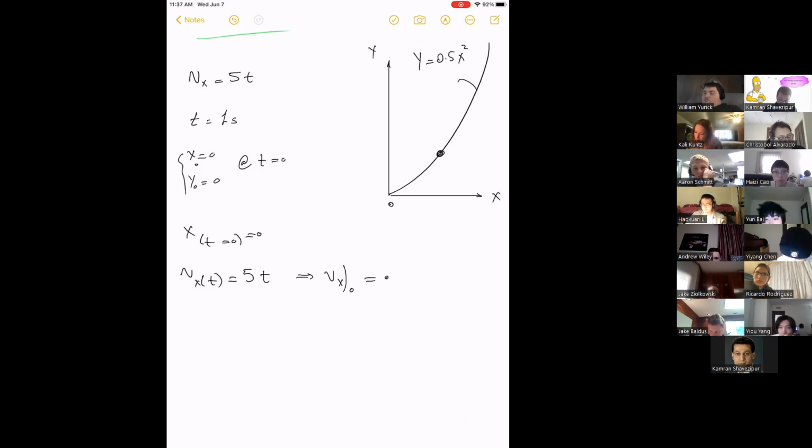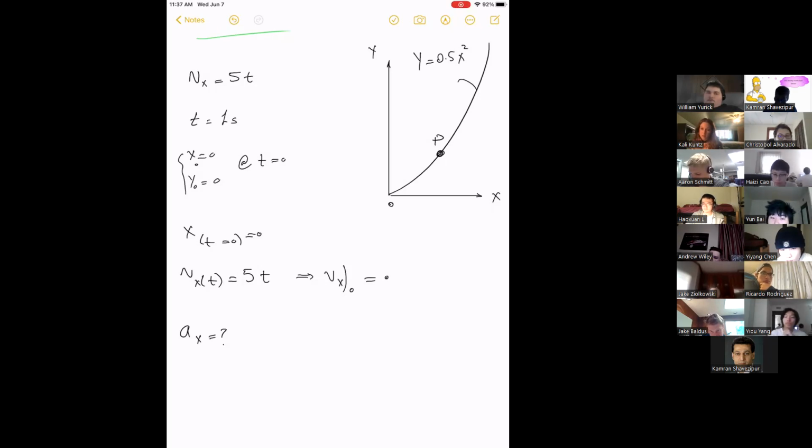So to find acceleration, how can I find the acceleration of the particle in the x direction? Remember? Go ahead, take the derivative of the velocity.